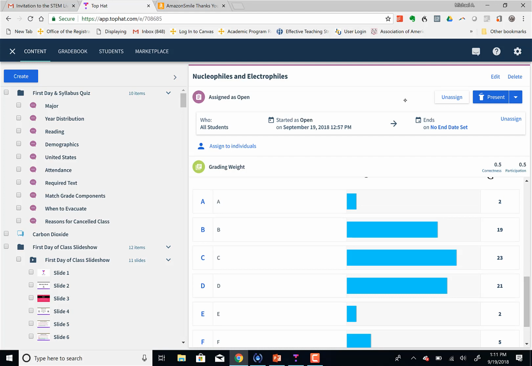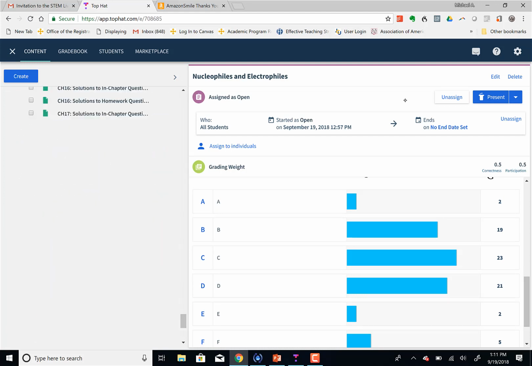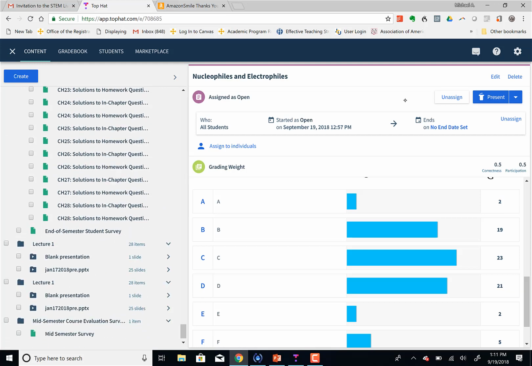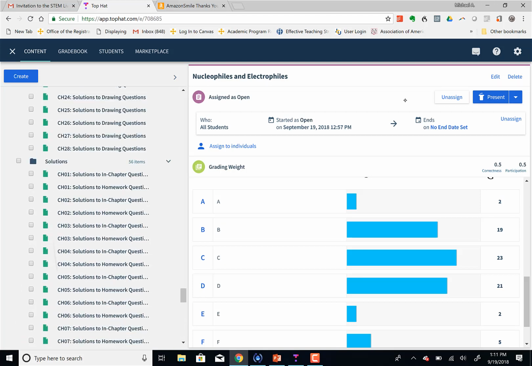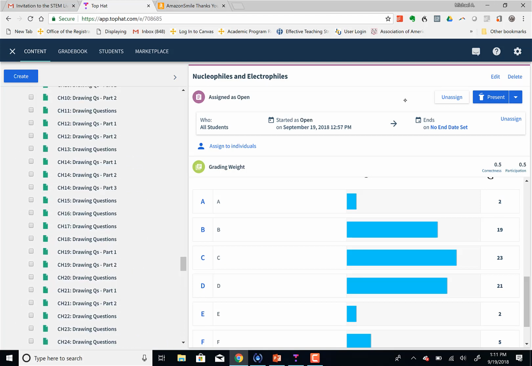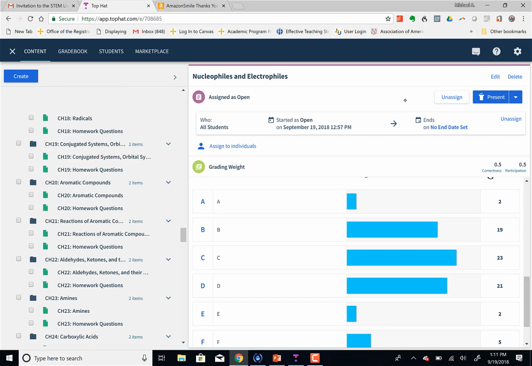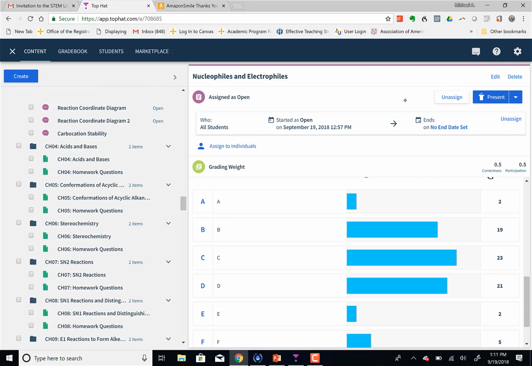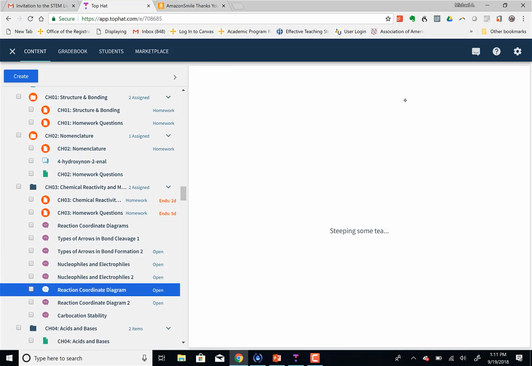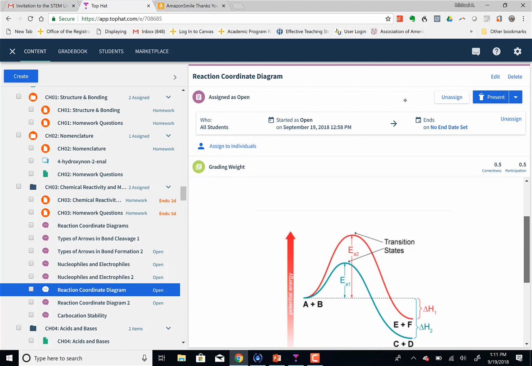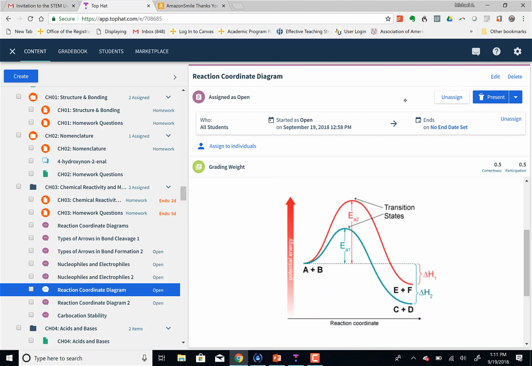Next one. Reaction coordinate diagram. Okay, which reaction below, the red, which is the upper one, or the green, the lower one?